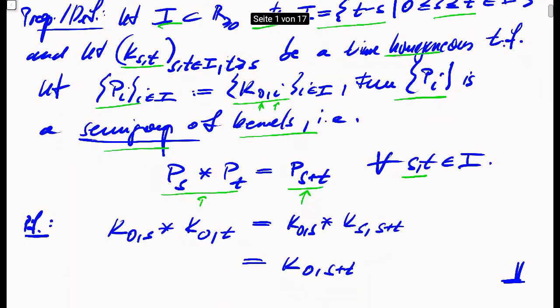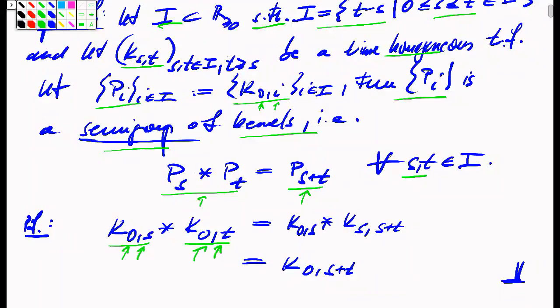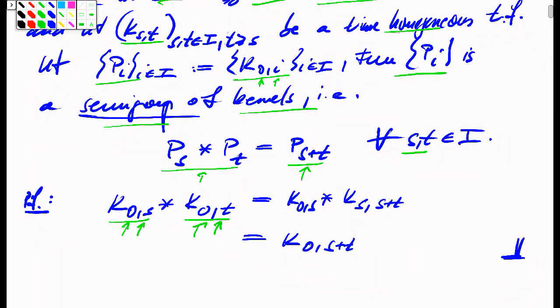The proof of this is now pretty easy. By definition, these two kernels ps and pt are the reduced representations for the kernels obtained from the two chosen parameters 0, s and 0, t, and we assume that this family of kernels is time homogeneous.